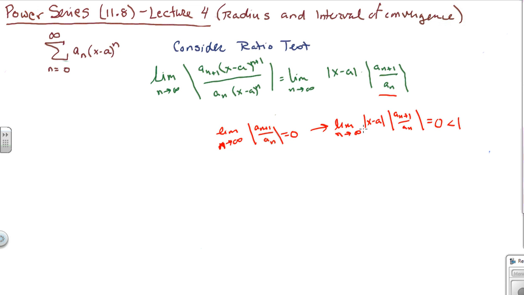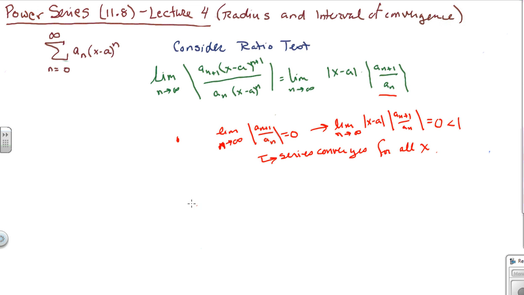So that means regardless of x, this series converges for all x. So this would tell us that the series converges for all x, regardless of x. Okay, so that's one thing that can happen.